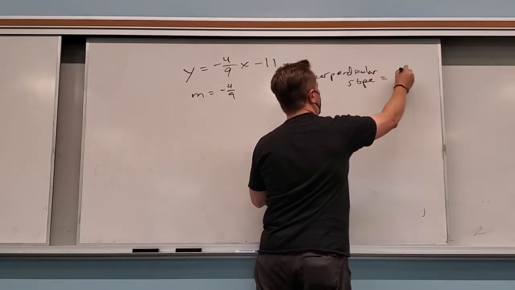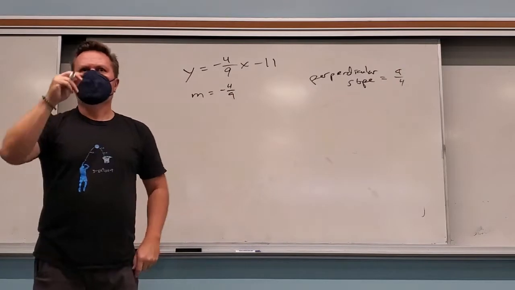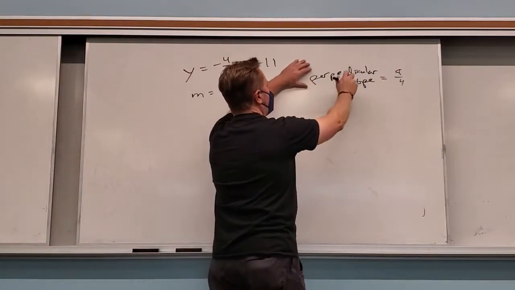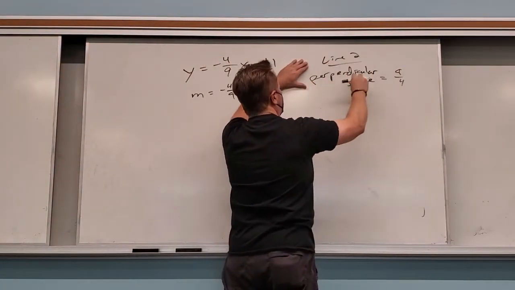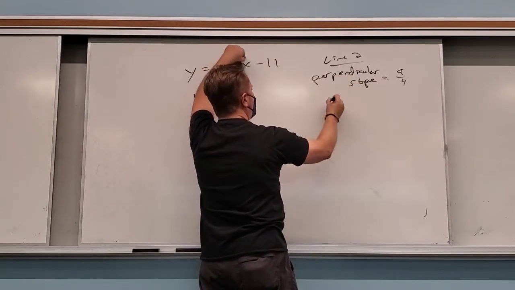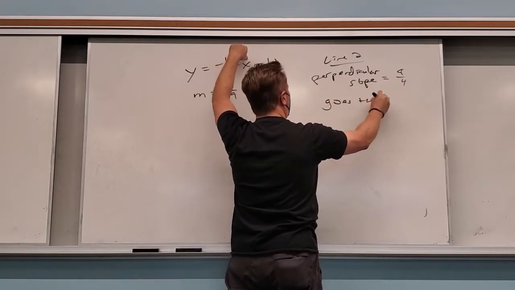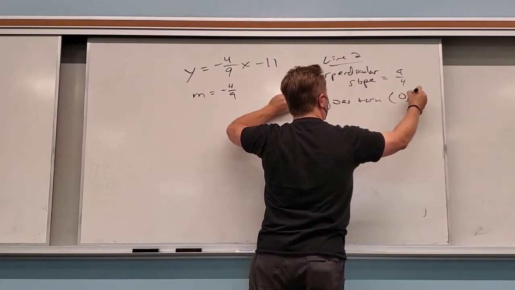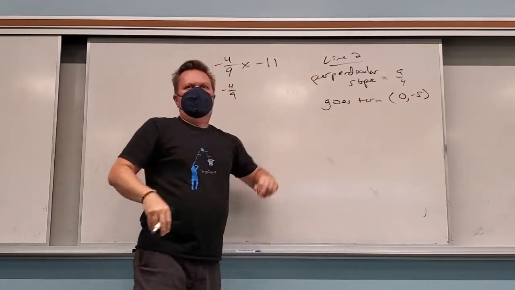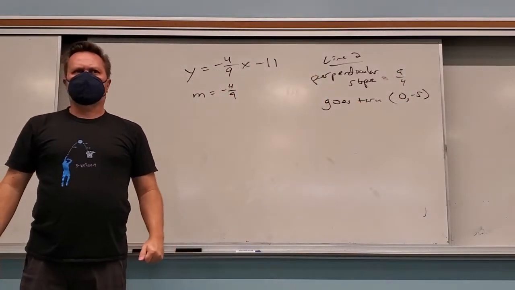I love it. All right, that's one thing by itself, right? What if I then said that the second line that's perpendicular to this one goes through 0, -5? Can you make the equation very quickly now?